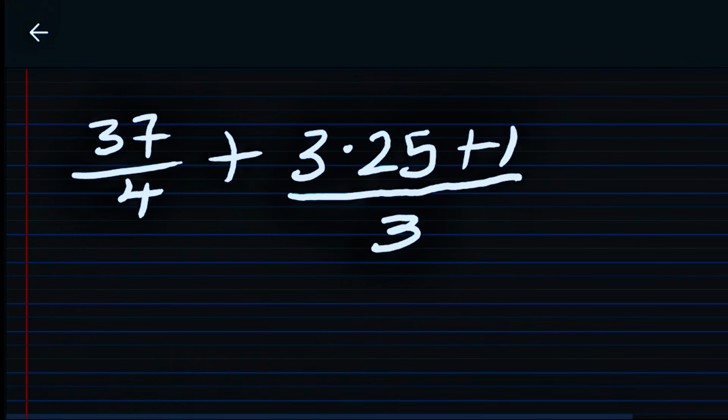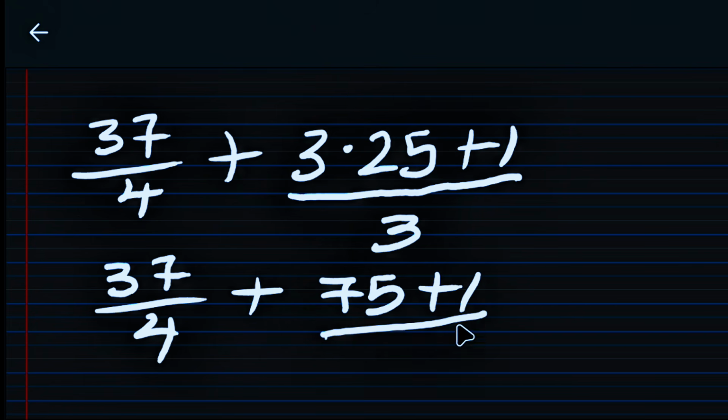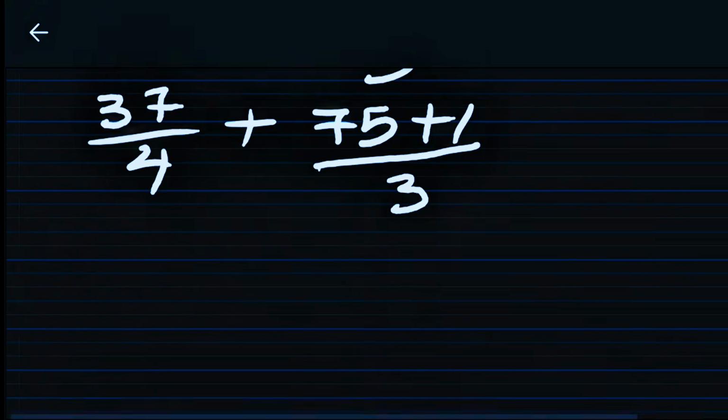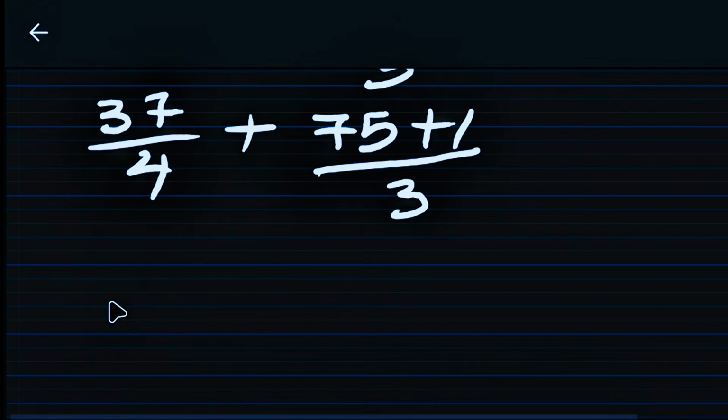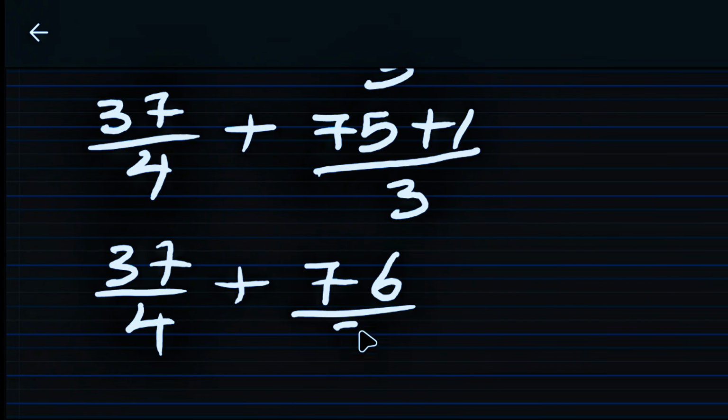Okay, so from here, we are going to have 37 divided by 4, then plus 3 multiplied by 25, which gives us 75, plus 1, then divide by 3. So 75 plus 1 equals 76, then divide by 3. Now we have gotten the two improper fractions.